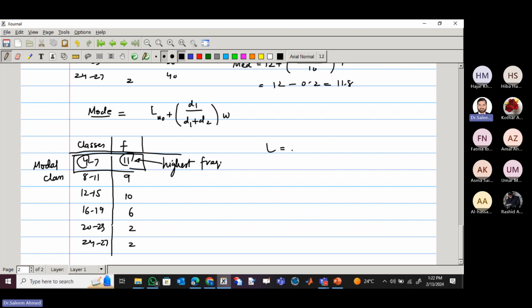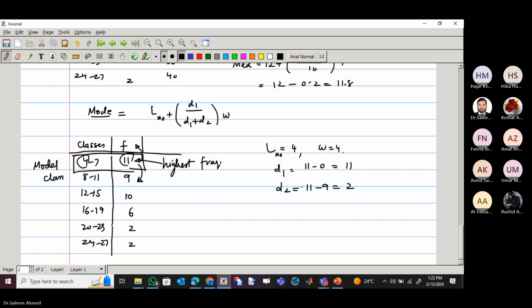So L is LM, the modal class, is 4. Then W, the width, is 4. D1 is the difference of this with the previous class, but the previous class is not there, so 11 minus 0 remains 11. And D2 is the difference of this with the next class, right? So that is 11 minus 9.